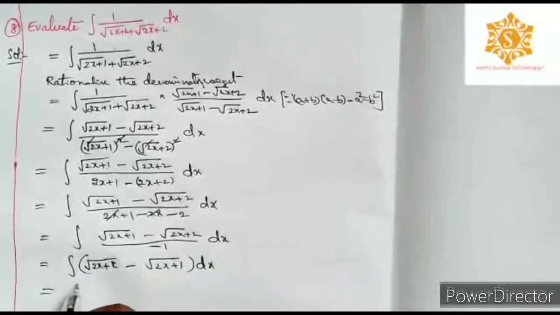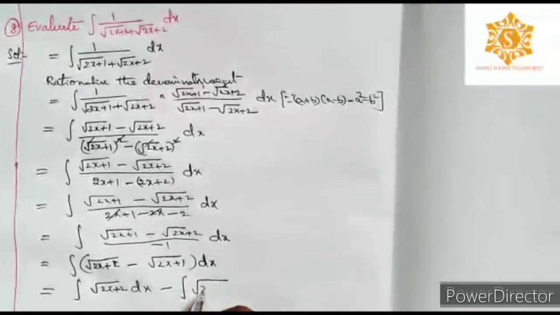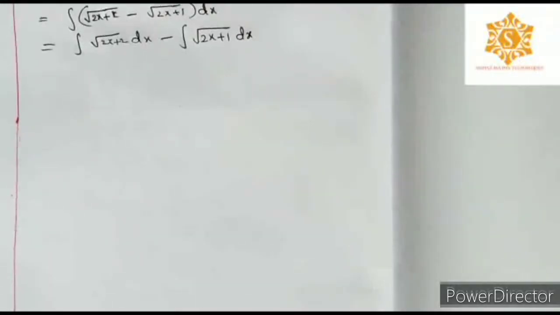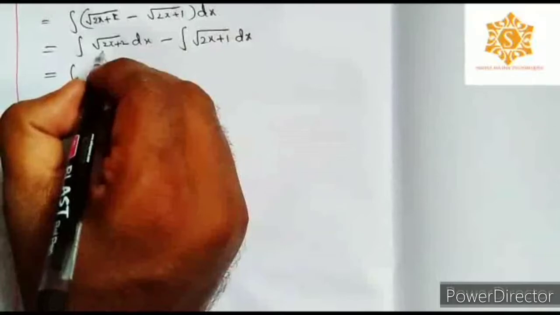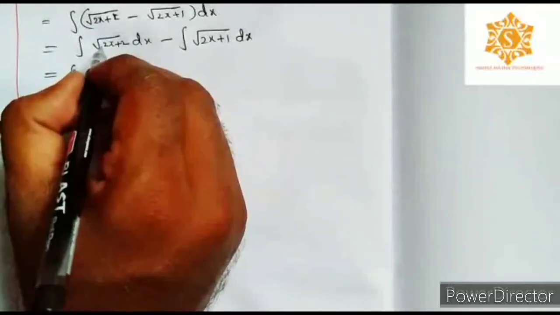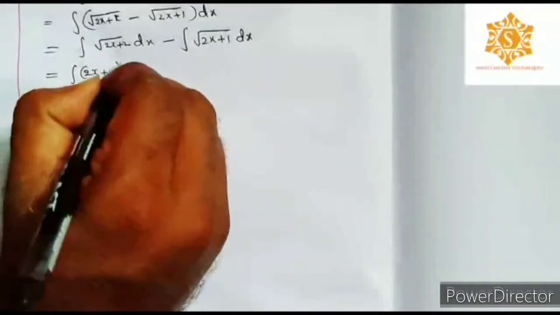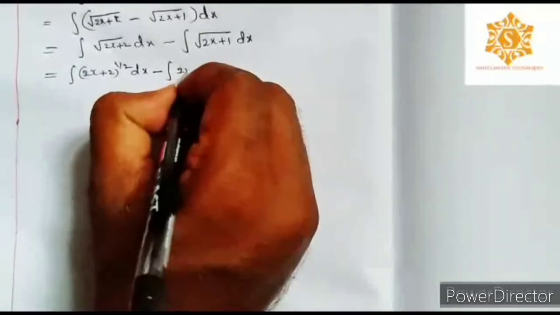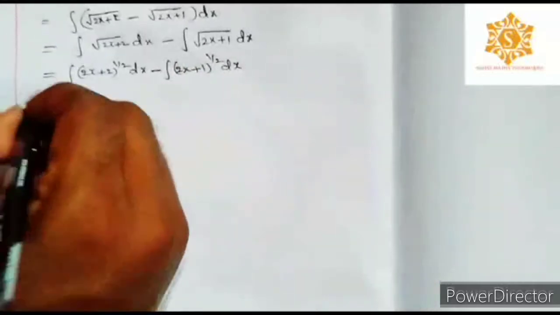So separate the integration, we get integration of square root of (2x+2) dx minus integration of square root of (2x+1) into dx. So the exponential form of square root of (2x+2) is (2x+2) whole power 1 by 2 into dx, minus integration of the exponential form of square root of (2x+1), which is (2x+1) whole power 1 by 2 into dx.